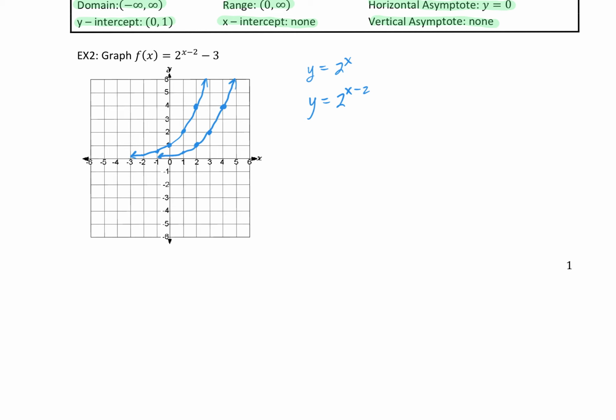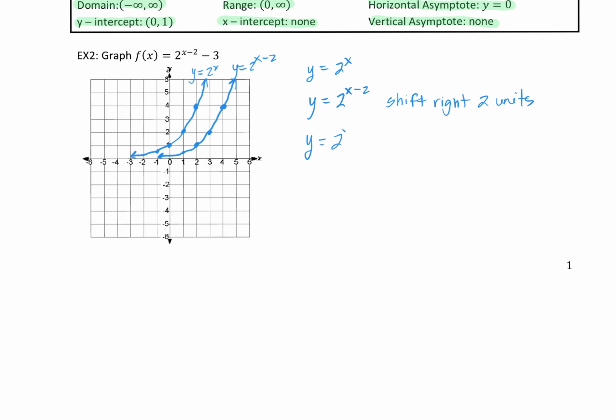And we're still following along that horizontal asymptote. That hasn't changed. So this would be y equal to 2 to the x, and y equal to 2 to the x minus 2. And that would just be a shift right by 2 units. So it did exactly what we thought it should do.